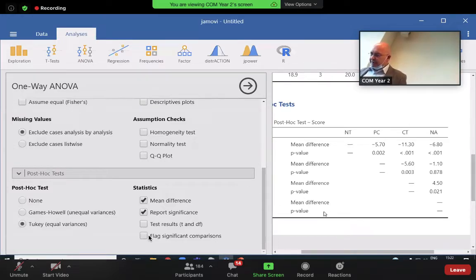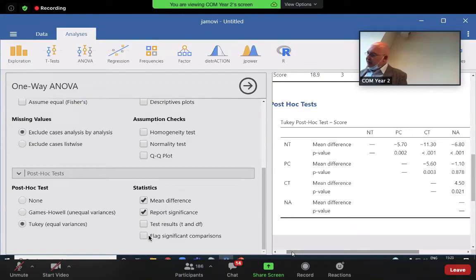It's different in that the p-values are given below the mean differences. So you can see here that these mean differences, they're all negative because we're comparing with the no therapy. So it's no therapy, take away these. And compared with the placebo control, this is the p-value versus conventional. This is the p-value, highly significant.